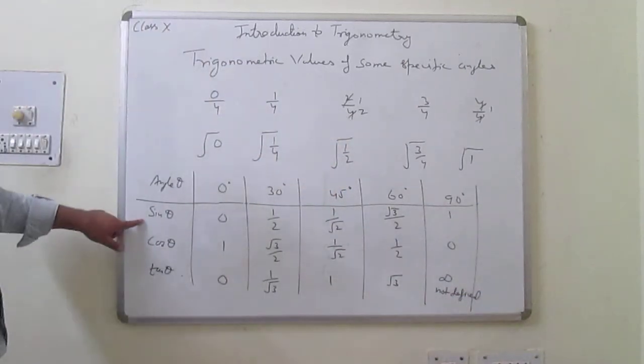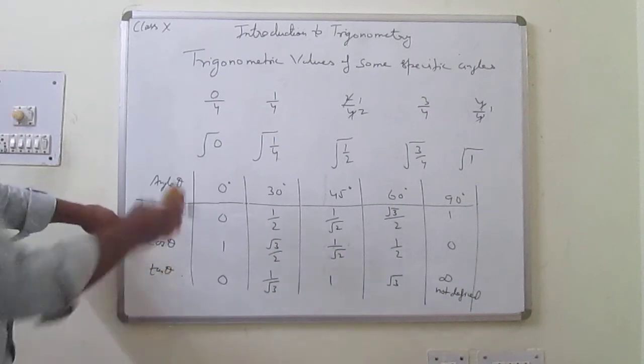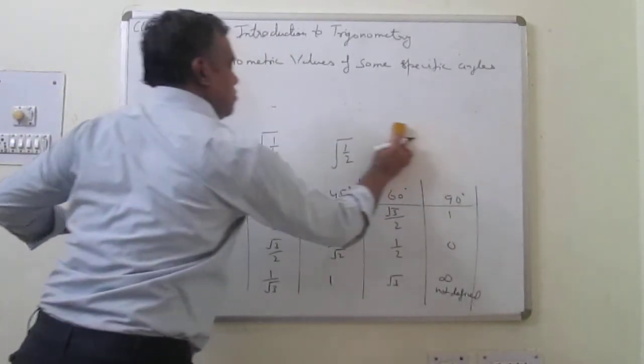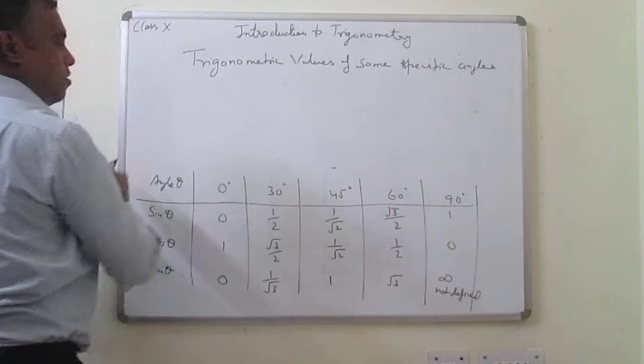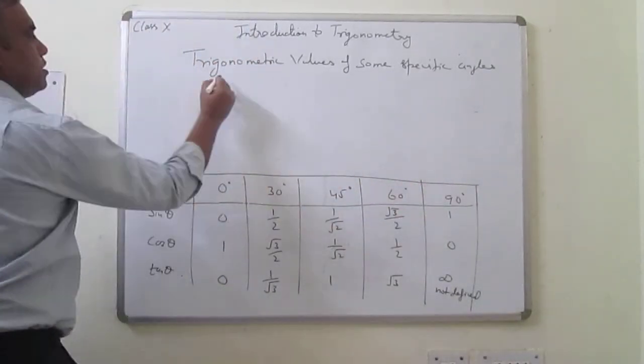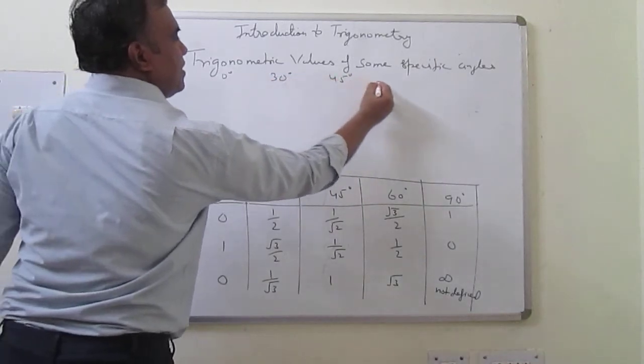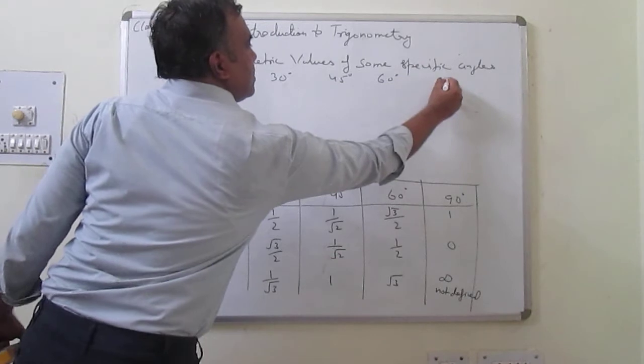Now, the reciprocal of sine is cosec. So I will write the values of cosec, sec and cot for 0 degree, 30 degree, 45 degree, 60 degree, 90 degree.